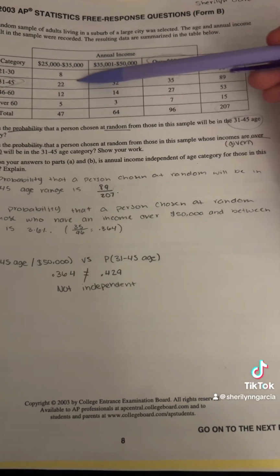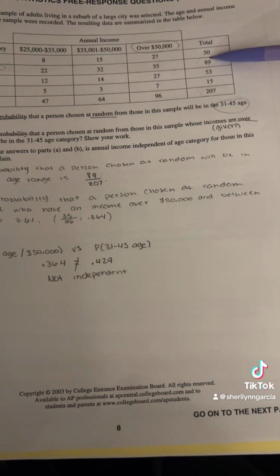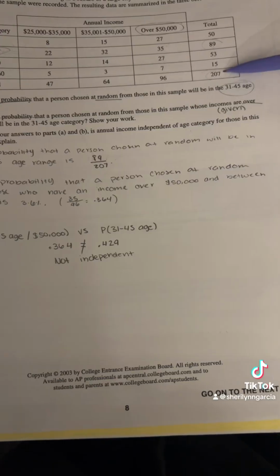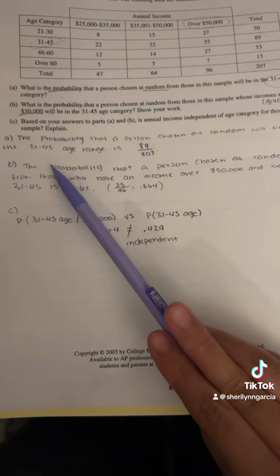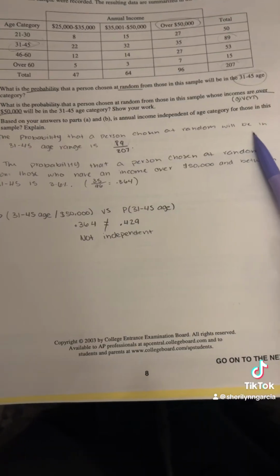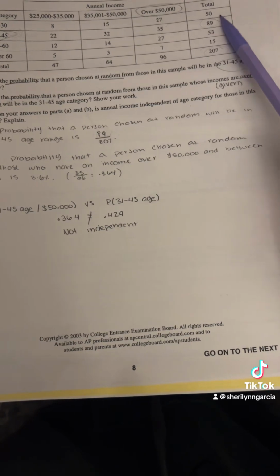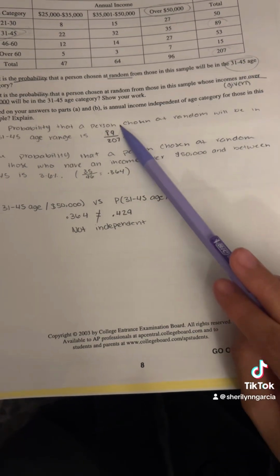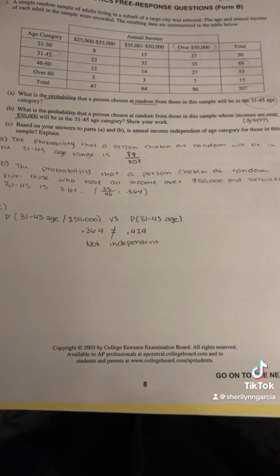So for 31 to 45, we go over here, it's going to be 89, and then it's going to be over 207. So the probability that a person chosen at random will be in the 31 to 45 age range is 89 over 207. You can just leave it as a fraction. You don't really have to calculate it. But let's look at the next one.